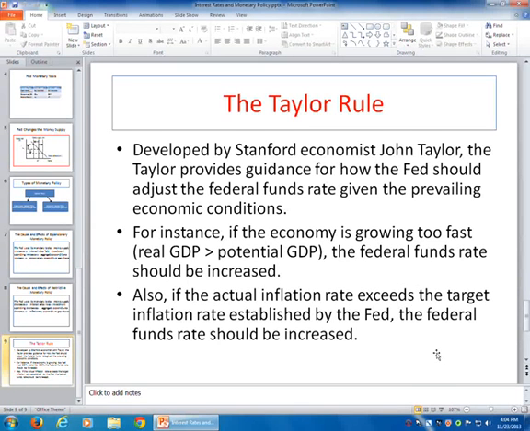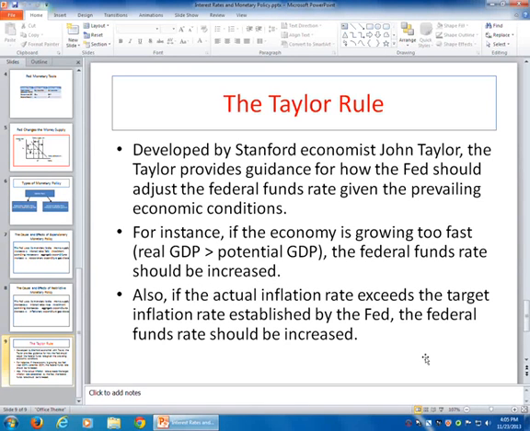By the same token, if the inflation rate that we're observing is actually higher than the inflation rate that the Fed is targeting, the federal funds rate should also be increased in that instance, because there the economy obviously is overheating, as evidenced by the inflation rate exceeding the target inflation rate.